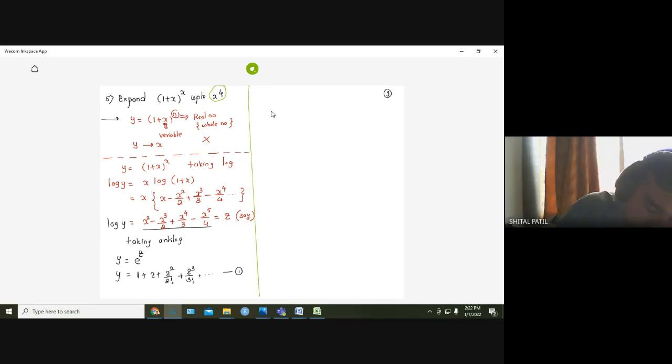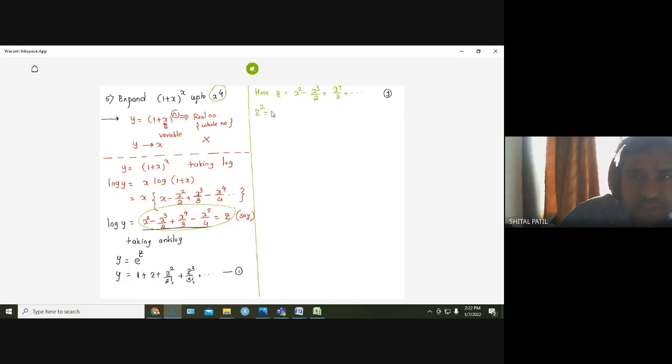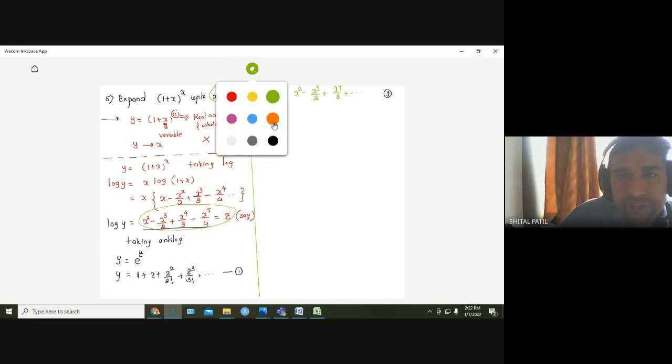Here z equal to x square minus x cube by 2 plus x raised to 4 by 3. That's it. Next term is not required. We have to consider terms up to x raised to 4 only. Now write the z square.